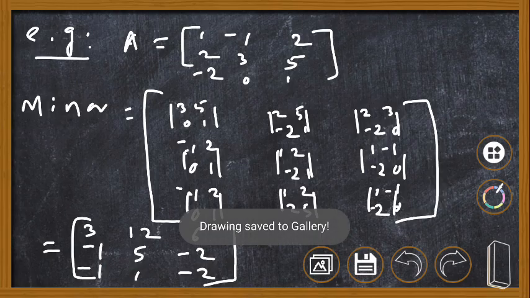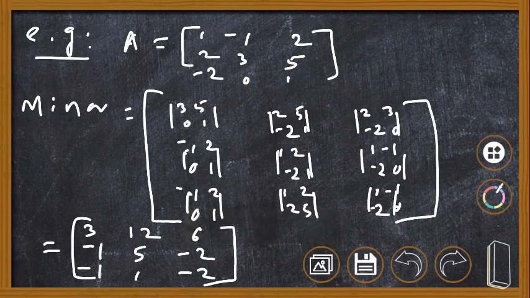right? Then for cofactors, what we do, first let me write the minors properly, that is 3, 12, 6, minus 1, 5, minus 2 and minus 1, 1, minus 2.